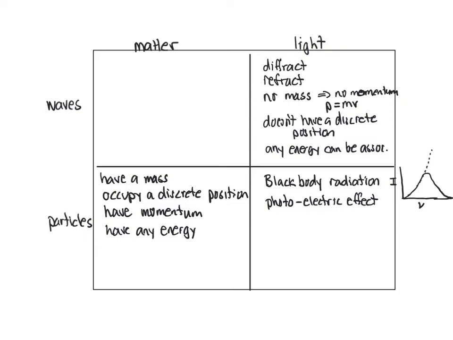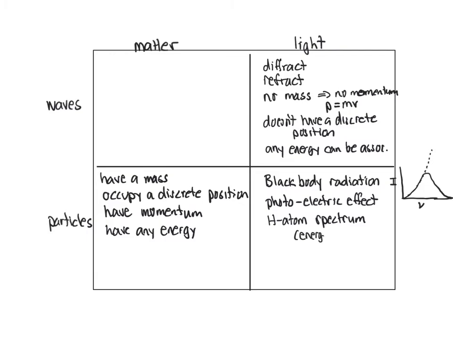You can read more about this in your book. And then something else you're very familiar with is the hydrogen atom spectrum, or really any atomic spectra, which showed that the energy was quantized.